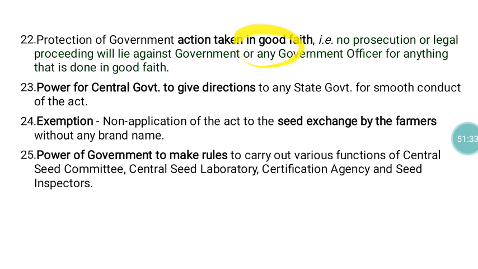Here I wanted to tell you, suppose the inspector takes a sample from one particular person, and after taking that sample it will be submitted to the seed testing laboratory. If the sample is found to be good, the inspector can't take any action. In that case, the seed seller may file a complaint, saying that by taking the sample this fellow spoiled my seeds.